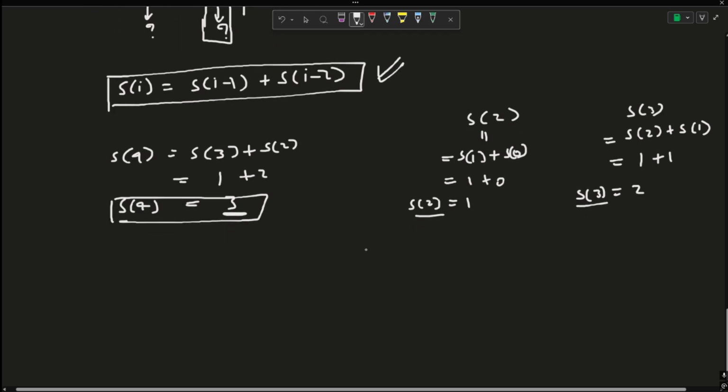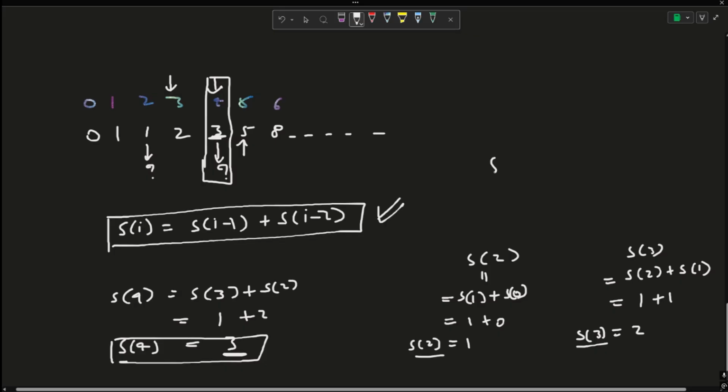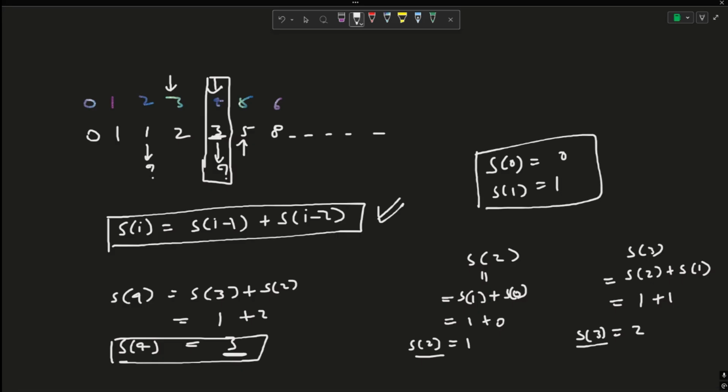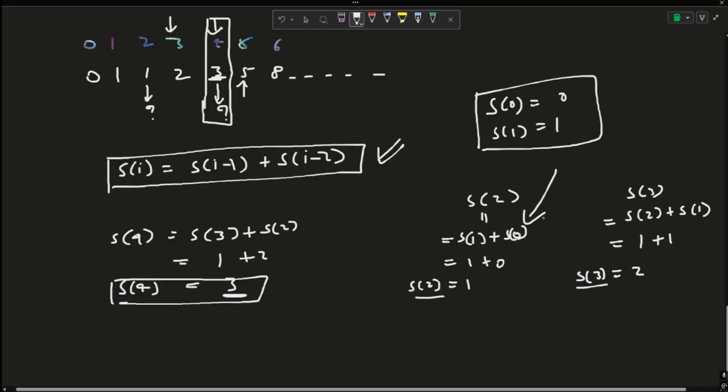The base case here was S of 0 is 0 and S of 1 is 1 always, because we needed that base case to find S of 2.